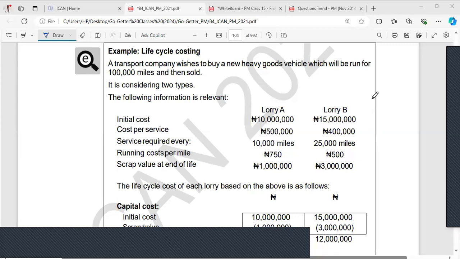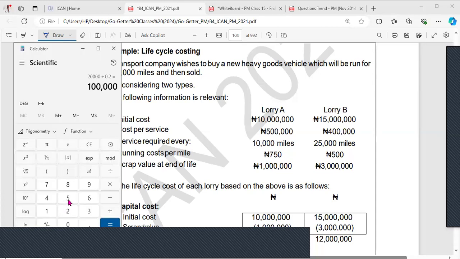Then running cost per mile. How did we get the running cost per mile? Let's see what they did here. Let's try 500,000 divided... Okay, no, it's not divided by 10,000 miles. No, that's not it.